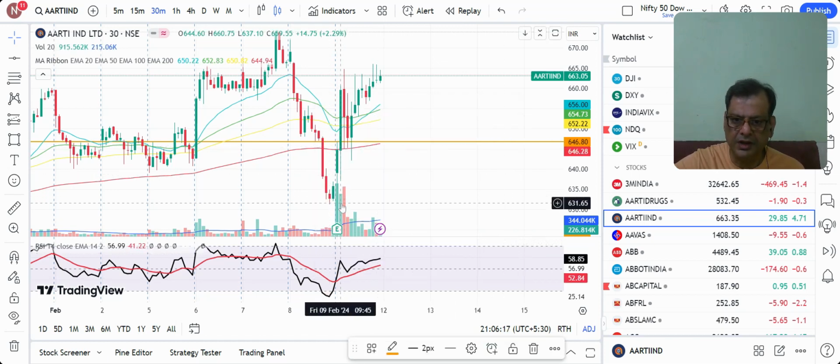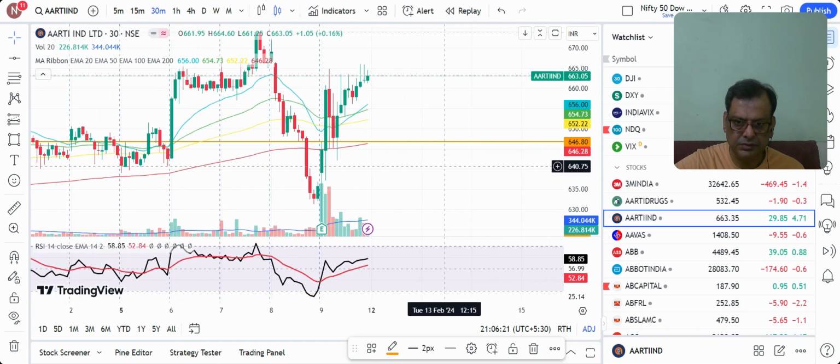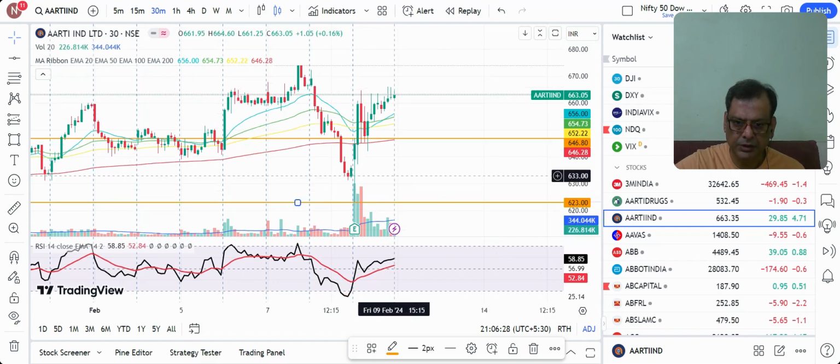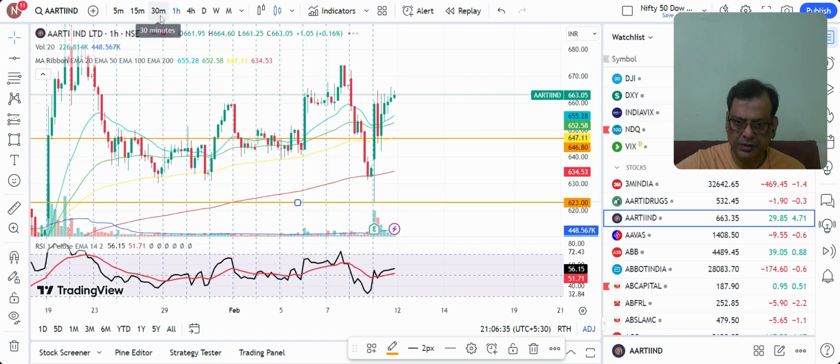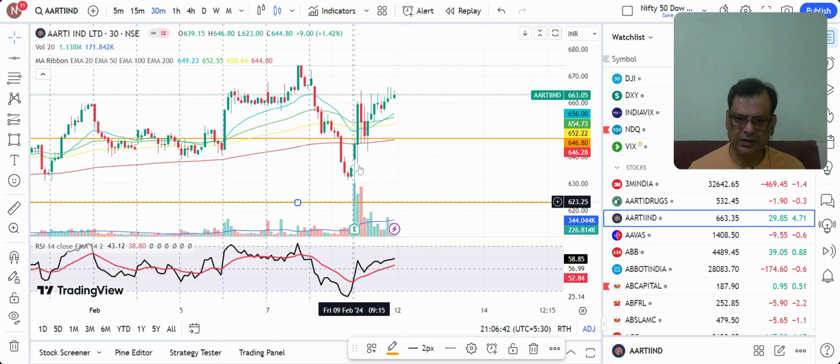So now we got a 30-minute candle. Let me reset it back to 5. 1 hour, 30 minutes. Yeah. So you have 623 and the low and the high.